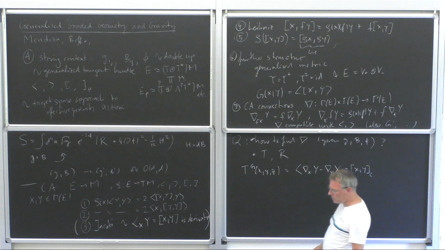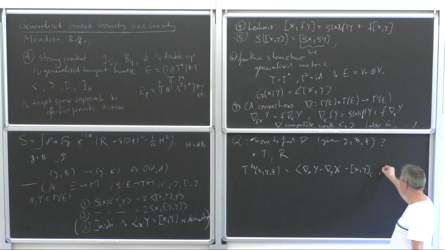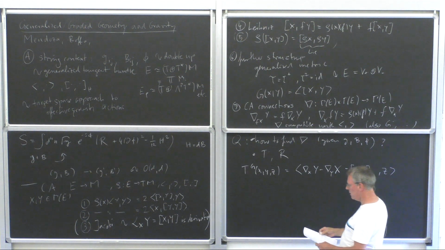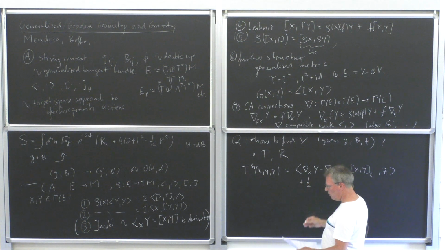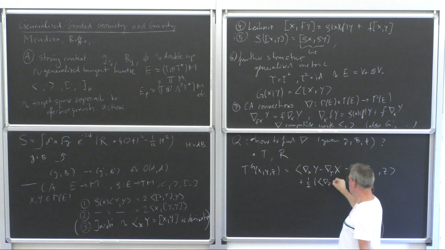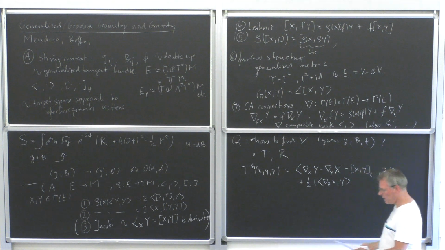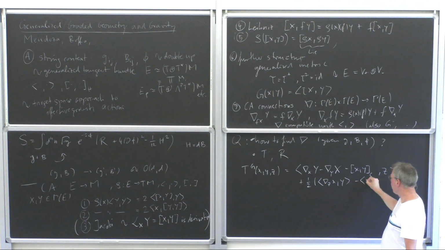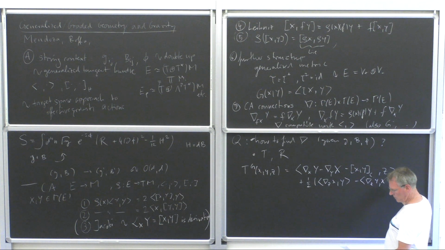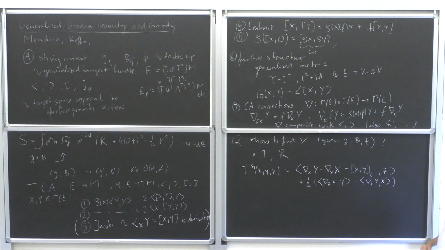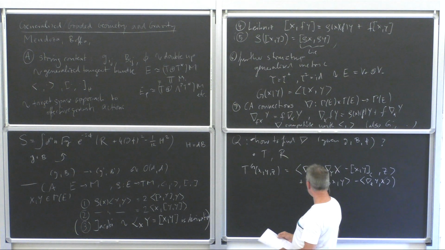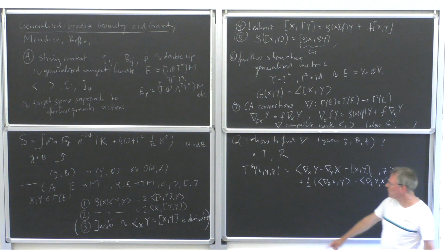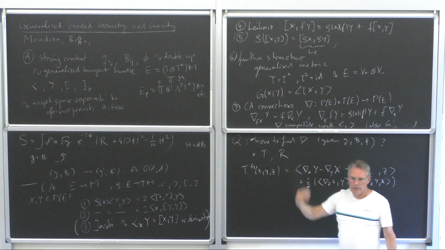But then everybody knows this is not tensorial, but it can be fixed by another term, which involves the connection again. So I hope I've written that down correctly, and that makes the whole thing tensorial in all the slots. So I can put functions in any of the slots and pull them out.